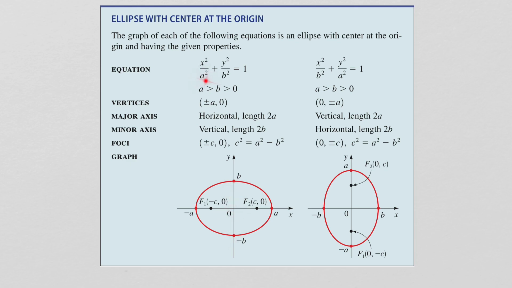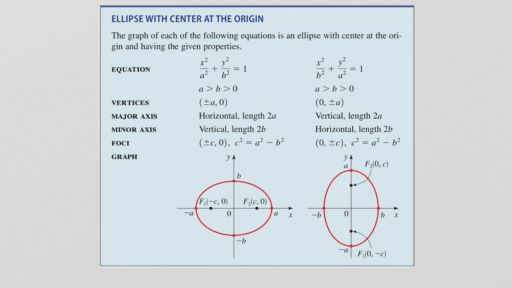And when the larger number is beneath the x, the ellipse is longer along the x-axis. If the larger number is beneath the y, now the longer axis, the major axis, is along the y-axis, and the shorter one, the minor axis, is along the x-axis.